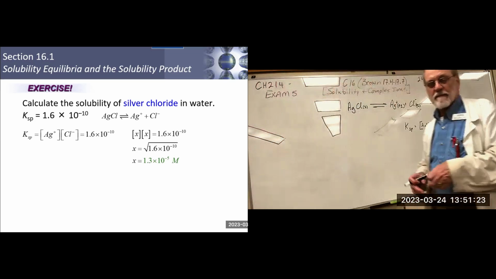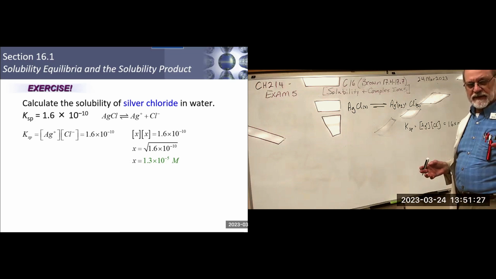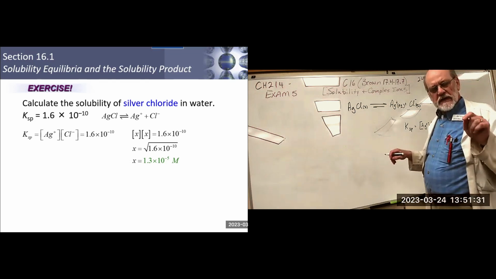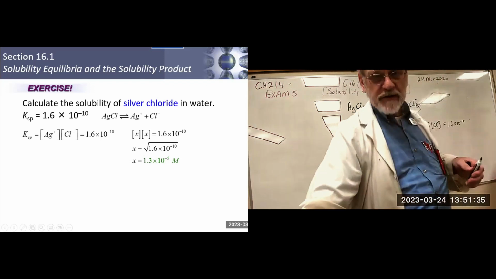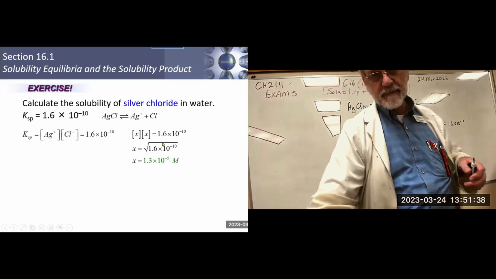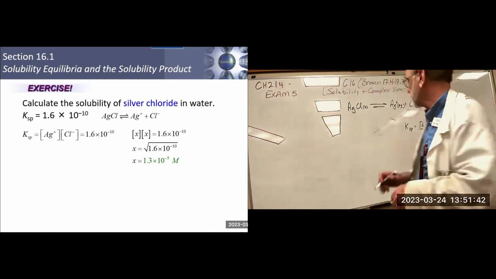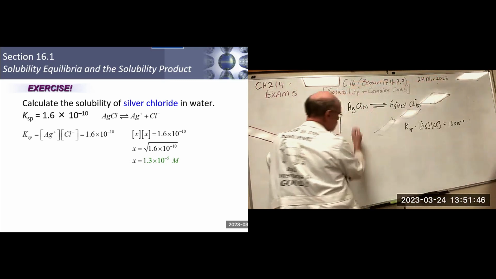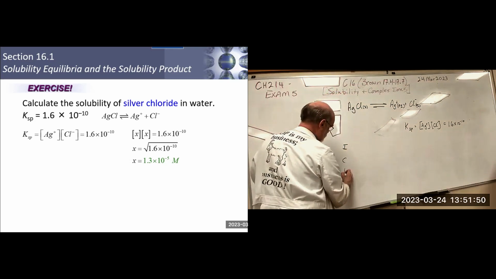Next, okay, we jumped over. Let's use the ICE table to prove where this expression came from right here. All right. So let me get that out of the way. There we go. So an ICE table here would be, I'm going to move it down here to get out of the way of those things. ICE here.